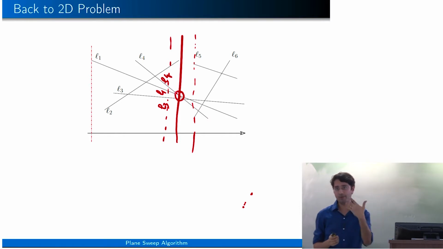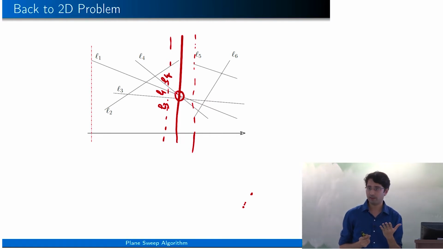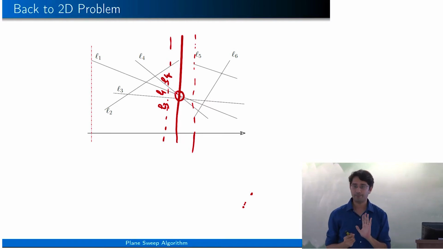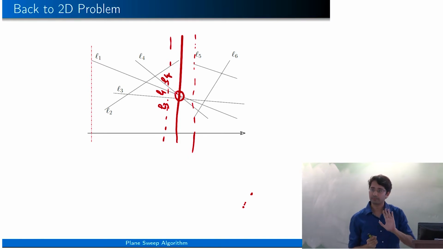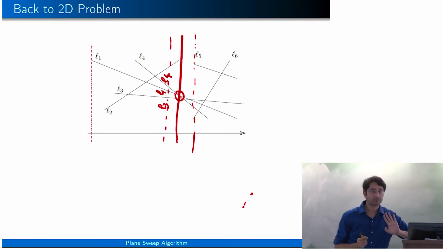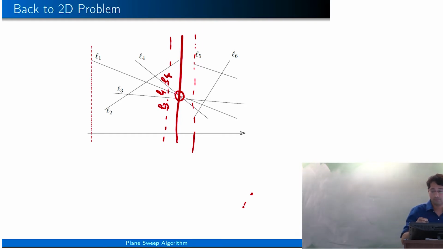So, just before the intersection of any line segments, they have to be adjacent to each other. Is it clear? Right? But what if L1 ends and L2 starts at the point where L1 ends, so at that point they discontinue?